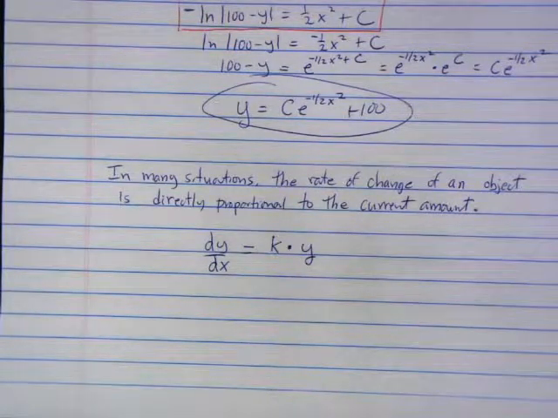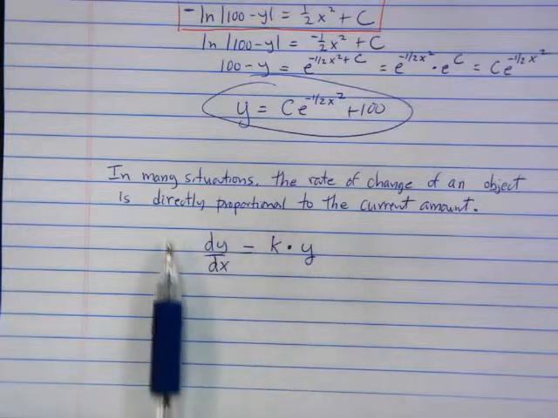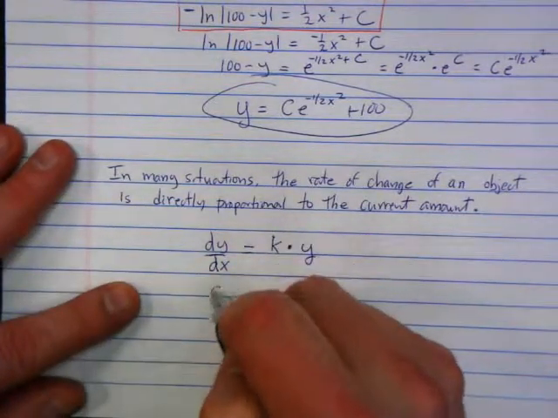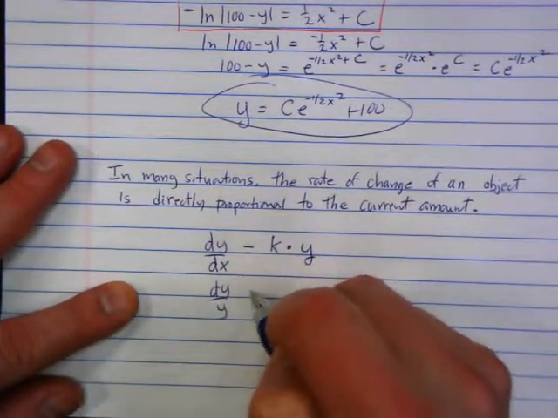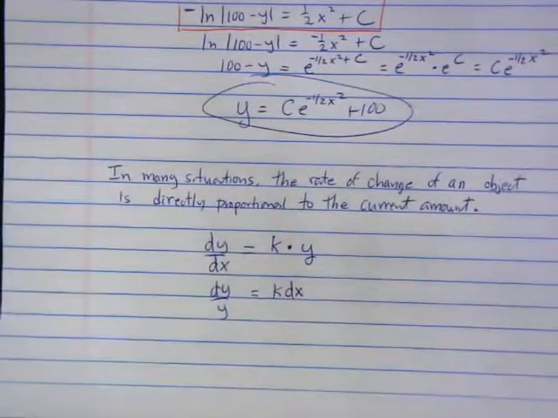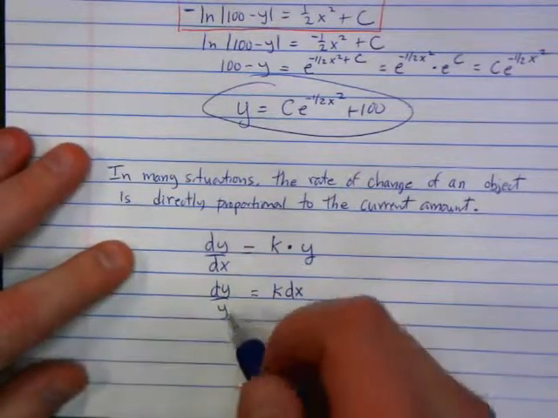So notice what you end up with there: a separable differential equation. How do you solve the separable differential equation? Divide by the y, multiply by the dx. So dy over y is k dx. You integrate both sides. What's the integral of dy over y?